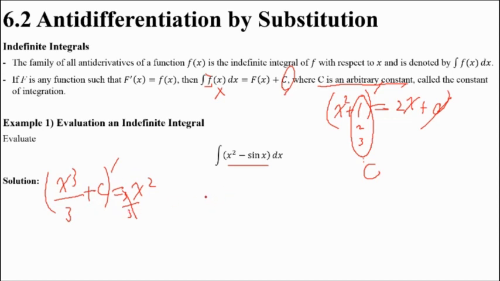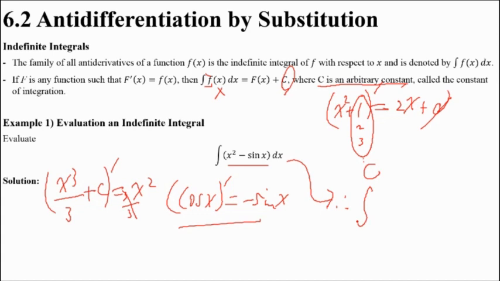How about sine x? What gives sine x when you take the derivative? Negative cosine x, since its derivative comes out as sine x. So finally we have the integral of x squared minus sine x dx.